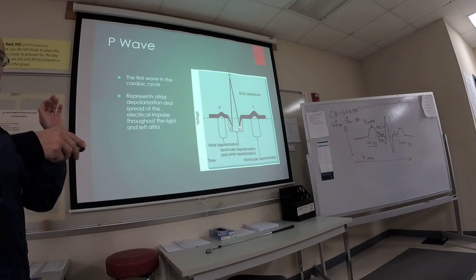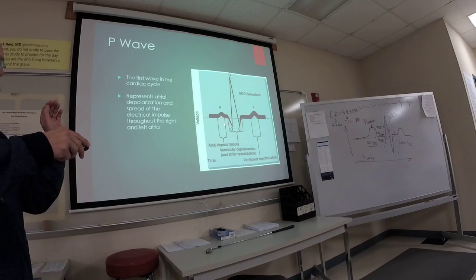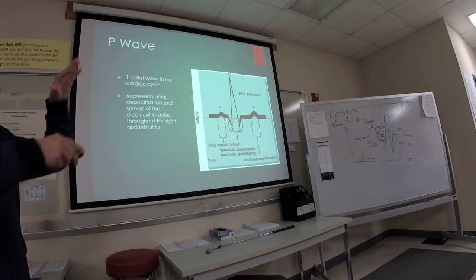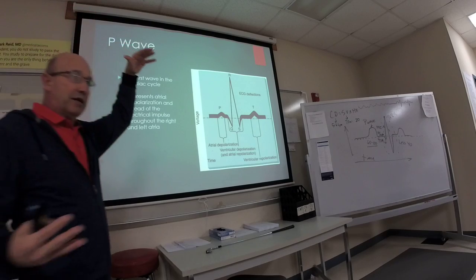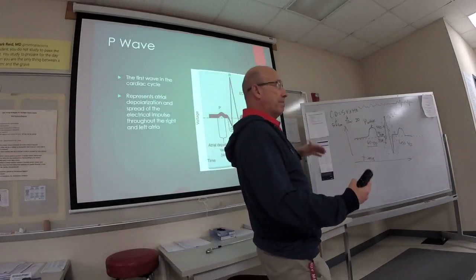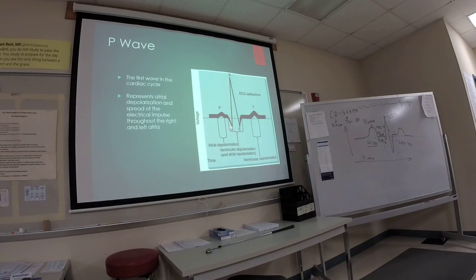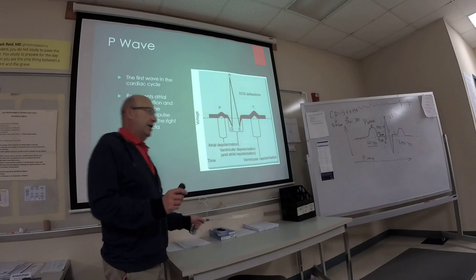If you could look, the repolarization of the atrium is somewhere hidden in this big QRS complex because it has so much more amplitude than the repolarization of the atrium. It's just hidden there. So you have the P wave, SA node, QRS complex, ventricular depolarization, T wave, ventricular repolarization. We will get into these in another day.